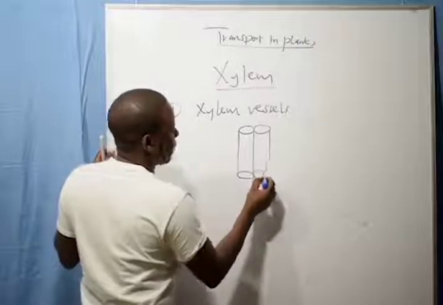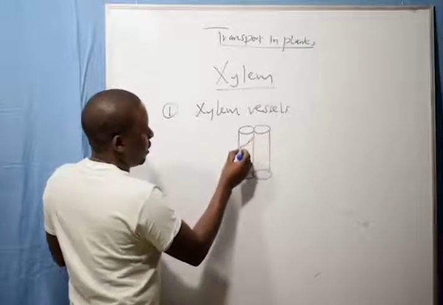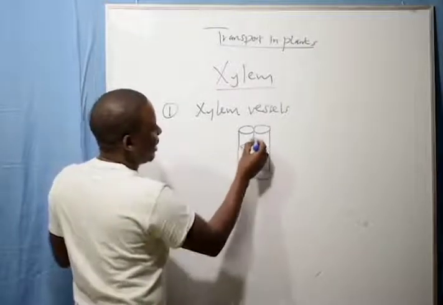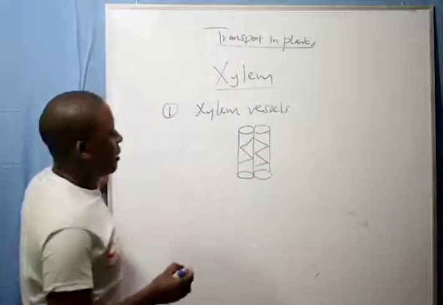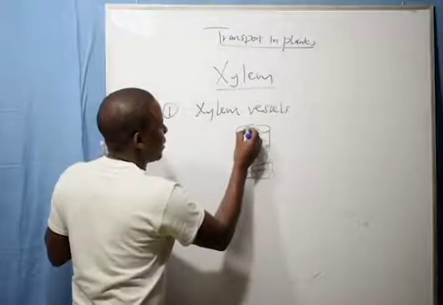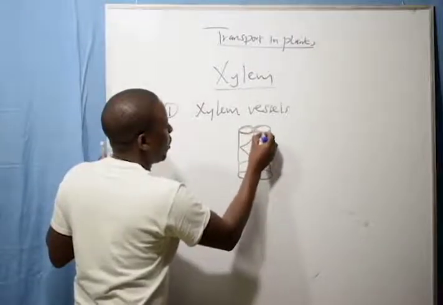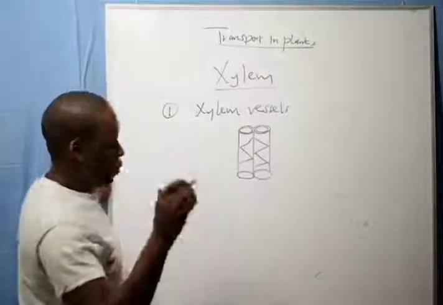Within the walls of the xylem, they are thickened with lignin. The pattern of lignin thickening is different, but the xylem vessels are thickened with lignin for support.